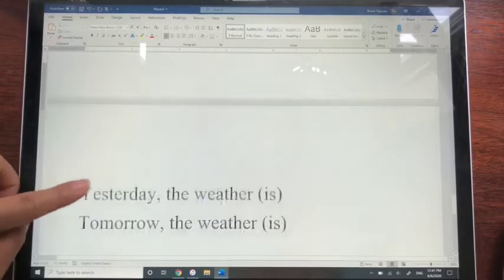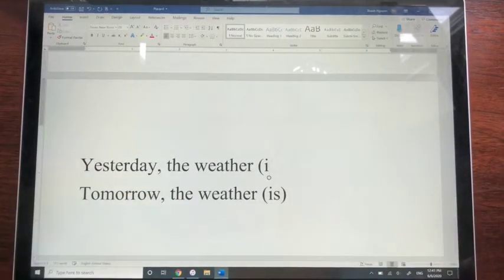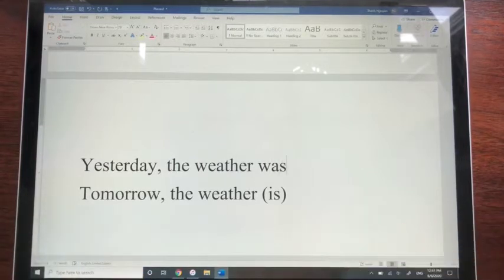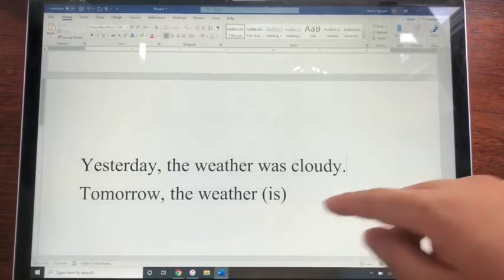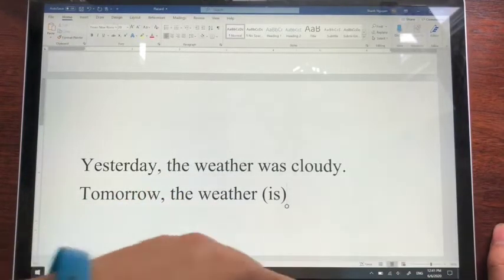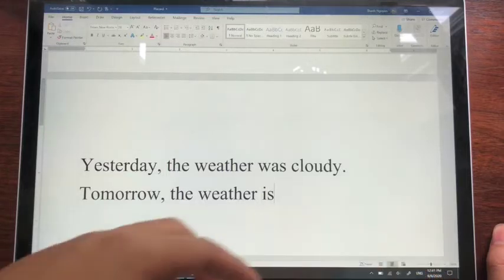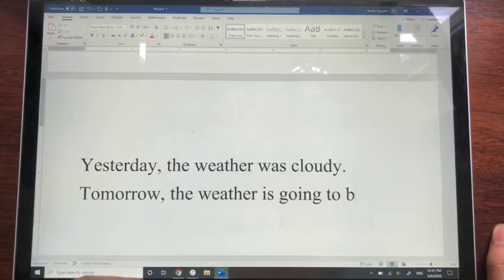Okay. Yesterday, the weather is, we say this in past tense. Yesterday the weather was cloudy. Tomorrow, when we talk about tomorrow, we can say the weather is going to be.